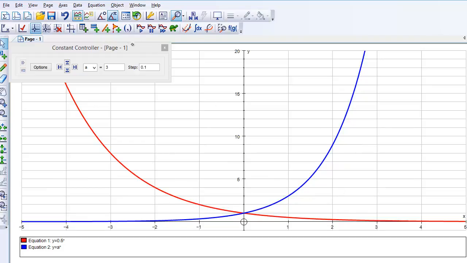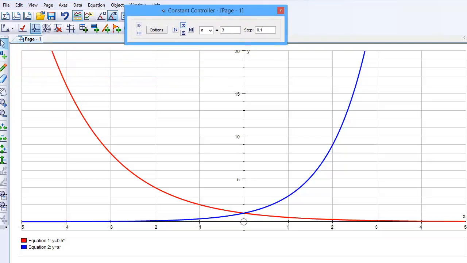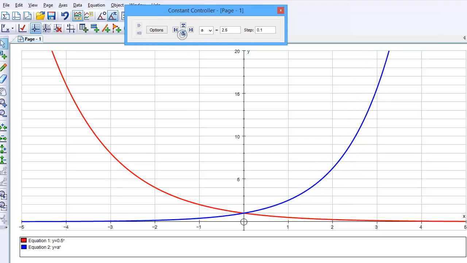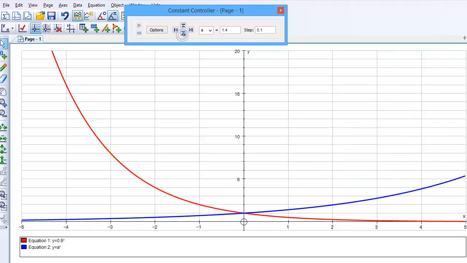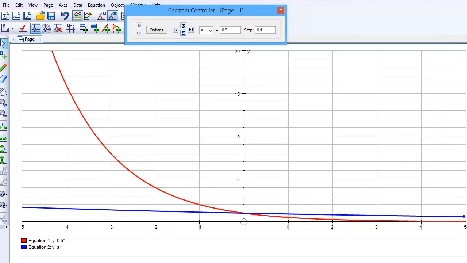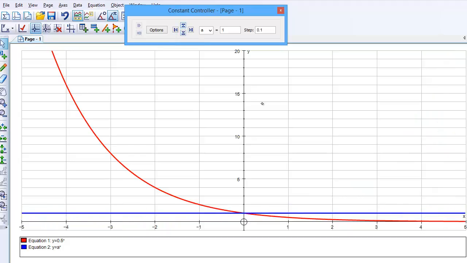And then the other graph is still y equals a to the x. So we can change the constant. Let's move it downwards. And let's go to 1 where it goes straight across.